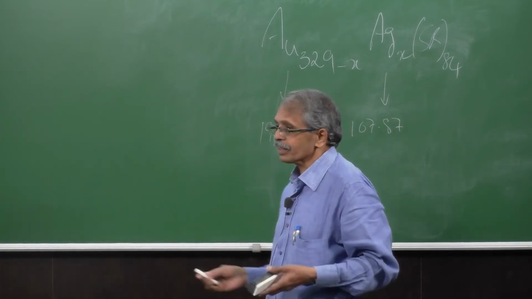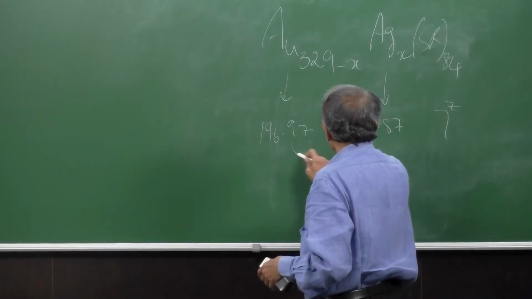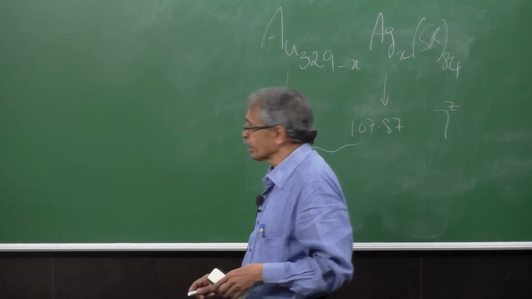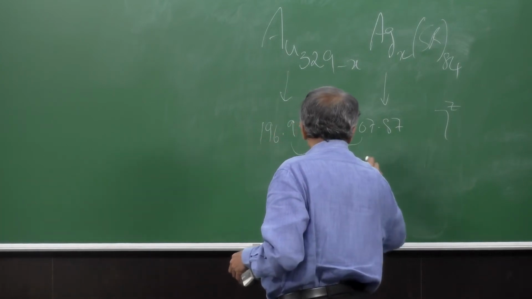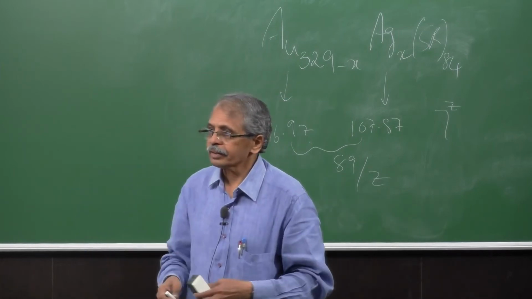So the difference is there, and based on the difference you can make it out. Now if the overall species has charge Z, then this difference, 89, divided by Z, is how you can make out the pattern.